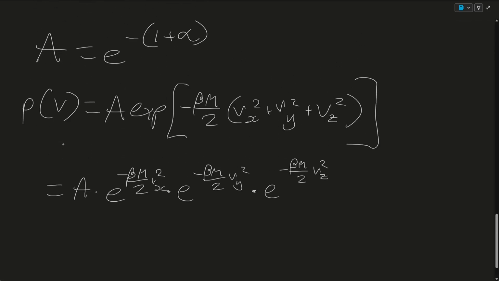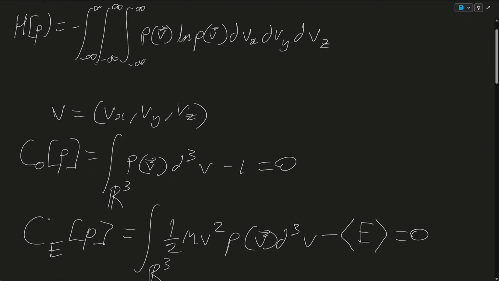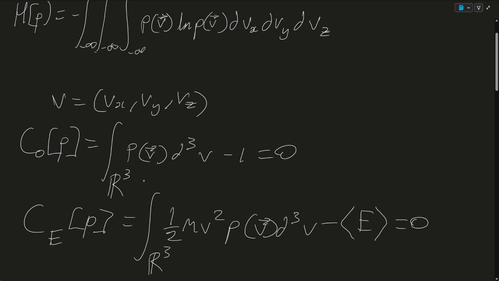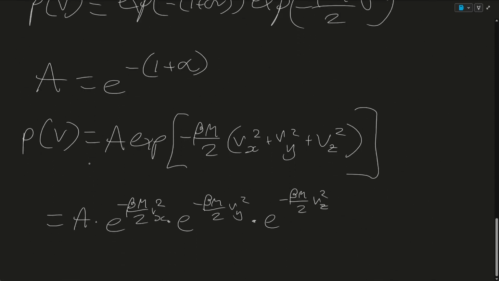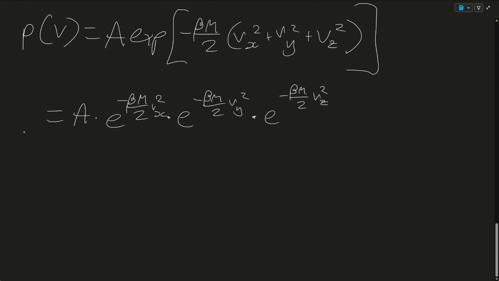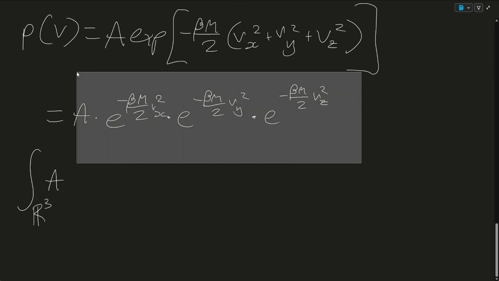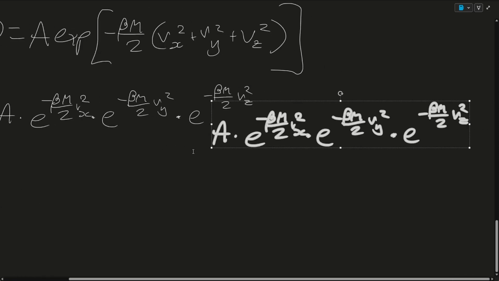So remembering our first boundary condition, which was for that to be equal to 1, what we're going to do is integrate this over R cubed, of that, which I'm going to copy and paste because I'm not going to write all of that out again.